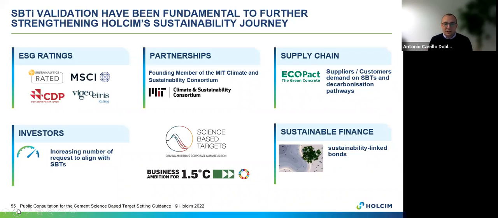But it also unlocked, interestingly, partnerships. It's a topic that we manage quite proactively, but after we signed the Business Ambition 1.5 and the first SBTs, we got a lot of requests. One of the examples was the Sustainability Consortium on Climate with MIT. They were really excited about the SBTs that we had just signed at the time, and something more related to the business on the supply chain.